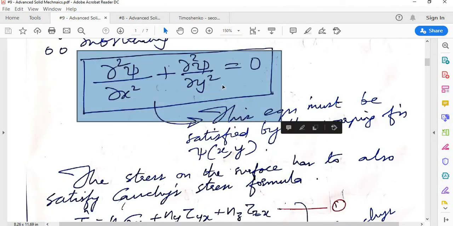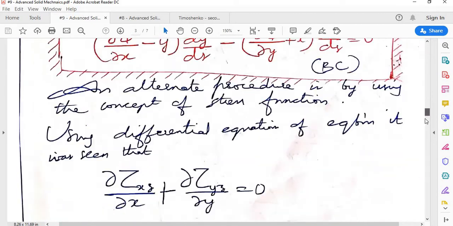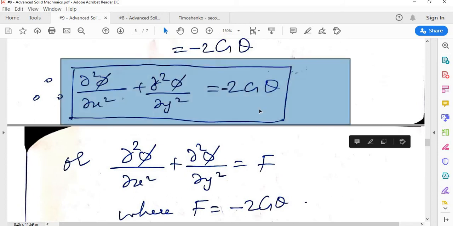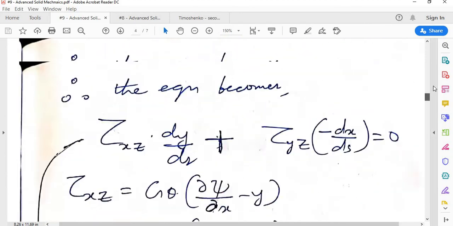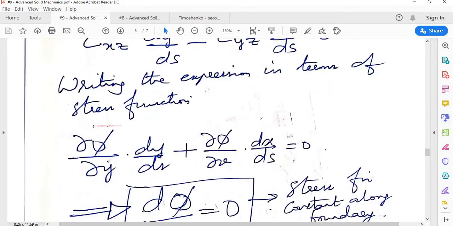This expression is in terms of warping function, but what we arrived at now is an expression in terms of stress function. Now similarly we have to arrive at the equivalent expression for the second expression in terms of stress function. So let us do that.